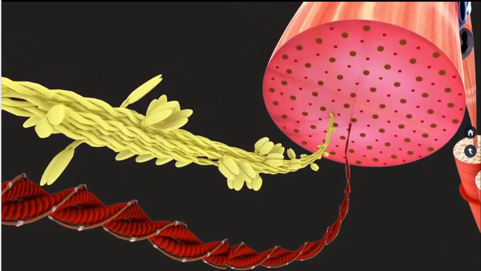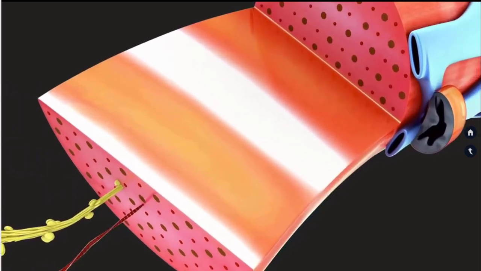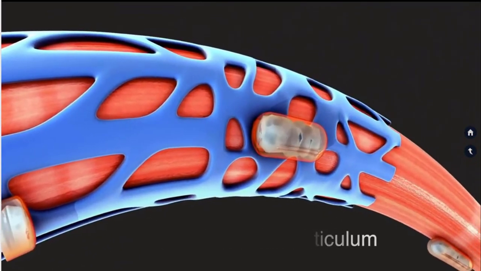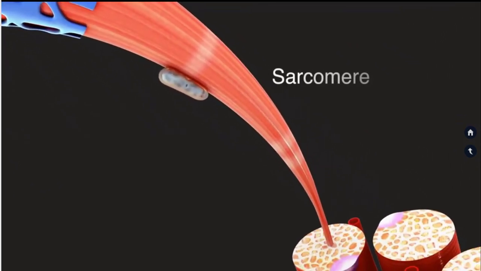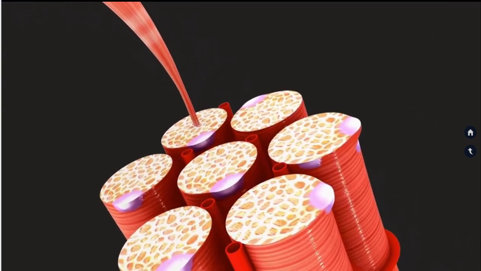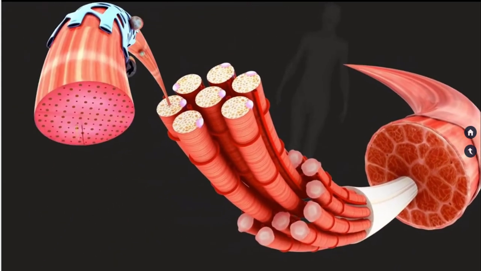Surrounding the myofibril, there is a network of tubules and channels called the sarcoplasmic reticulum, where calcium is stored, which is also important for muscle contraction. Each myofibril can be broken down into functional repeating segments called sarcomeres, which are the basis for muscle contraction theory, known as sliding filament theory.